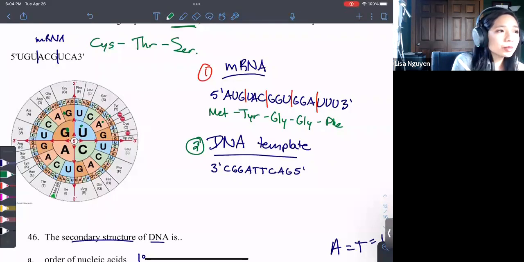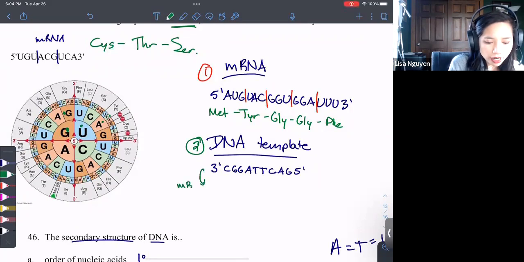So your DNA template has to interact with your mRNA strand to give that complementary strand. So our strategy here, given the DNA template: the transfer RNA doesn't read the DNA template. It has to read the complementary mRNA. So we need to make the mRNA strand that would result from complementing this DNA template.